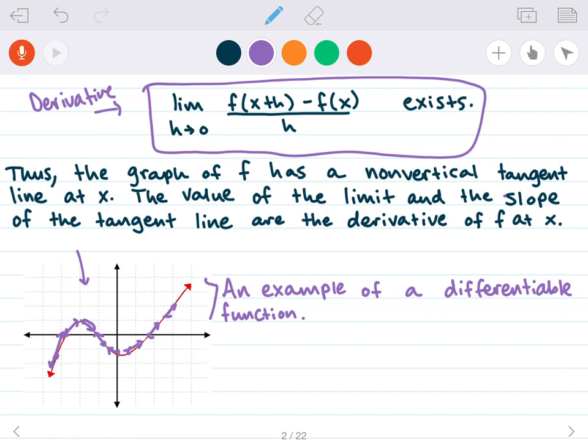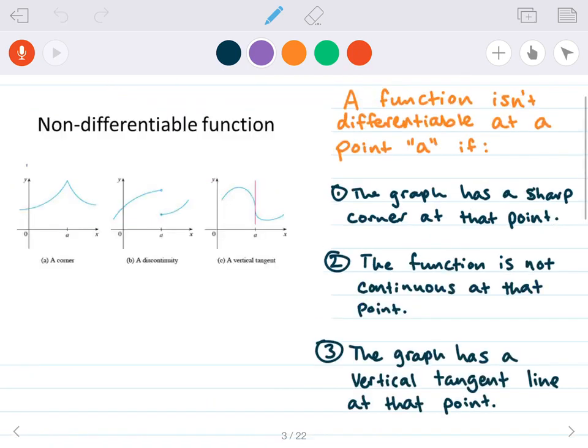Now, we would have a problem if there was a point on the curve where we would have a slope that's undefined, right? So when the slope is undefined, our tangent line is going to be vertical, and we can see that in this picture we don't have that. But let's go ahead and take a look at what it means to not be able to take the derivative of a function at a certain point.